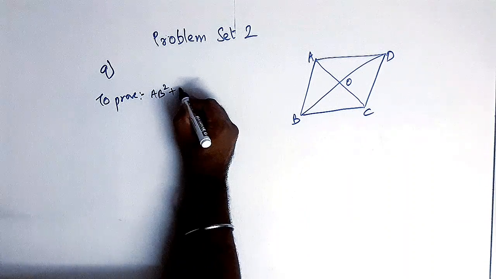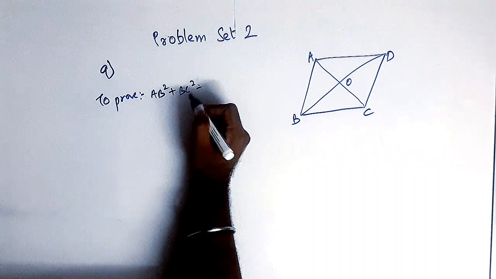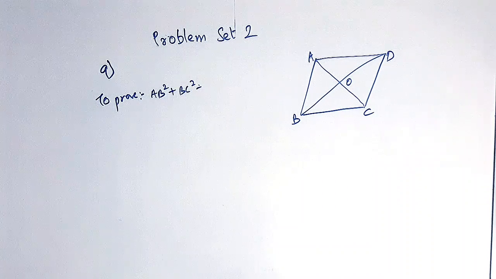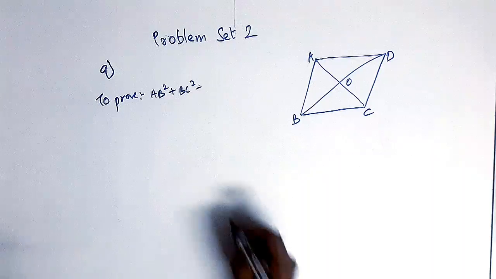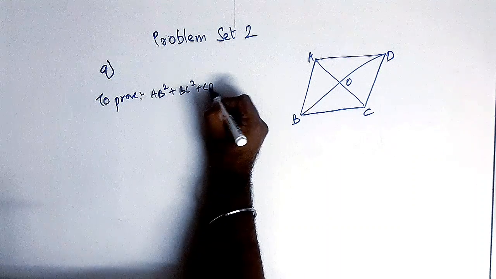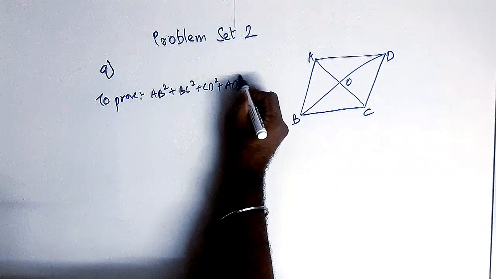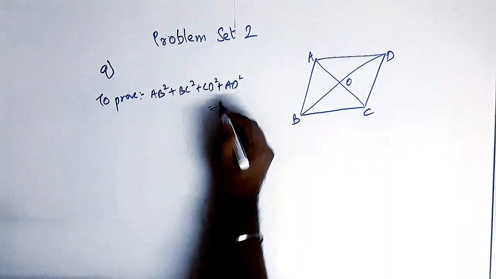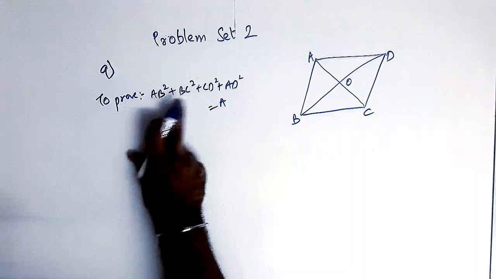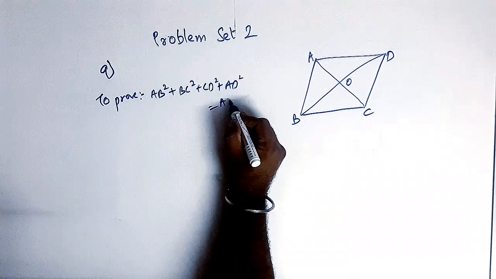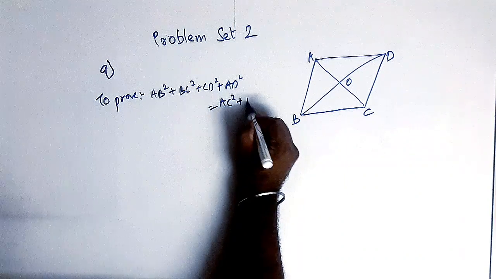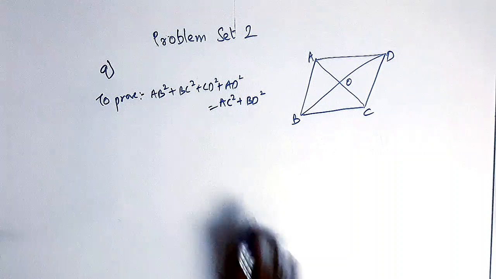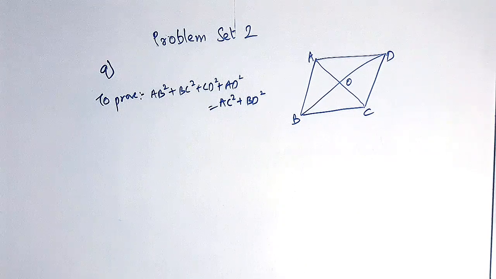The sum of the squares of the sides is equal to the sum of the squares of the diagonals. Okay, this we are going to prove.